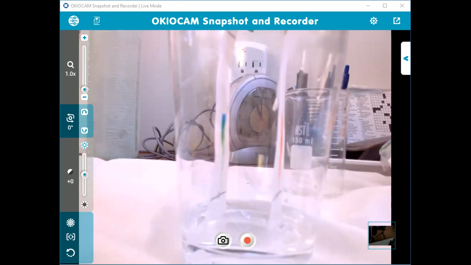I'll show you mine in a second. My first paper I took out a little bit early, and that's okay. If you take this out early, that's okay. You just need to mark the actual water line, how far it got to. It might be a little bit low or it might be high, and the reason it might be above is because the water will keep traveling up even after you take it out.